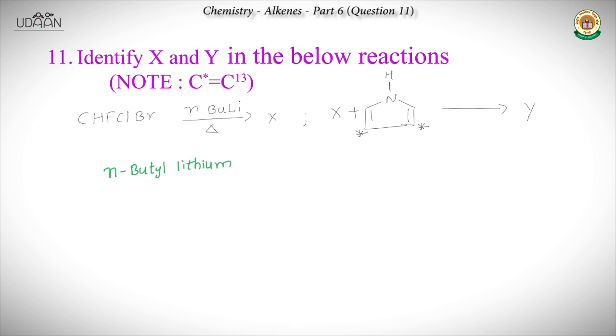I'll draw the structure for you. You have n-butyl, which is this one, and lithium, Li plus, minus. So you can see that this n-butyl lithium supplies a carbanion. So this can act as either a base or a nucleophile.